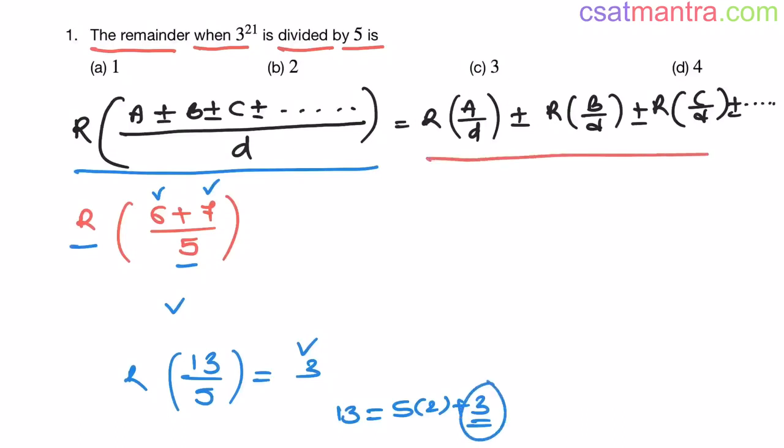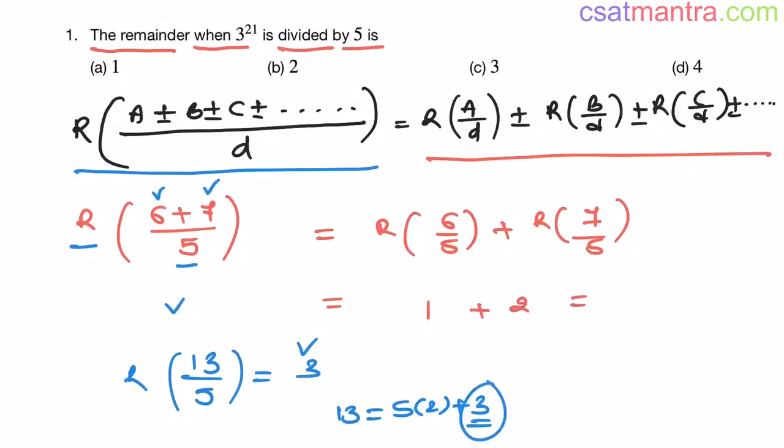Now let's see the right hand side. This is equal to remainder of 6 by 5 plus remainder of 7 by 5. Remainder of 6 by 5 is 1. Remainder of 7 by 5 is 2. 1 plus 2 is 3. So on the left hand side we got the remainder 3, on the right hand side we got the remainder 3. Both are equal. This is how this result came, my friends.